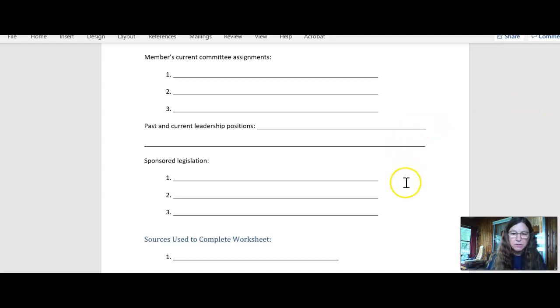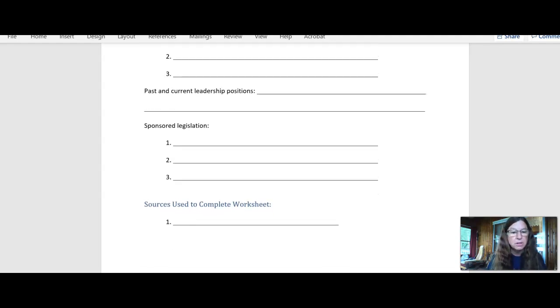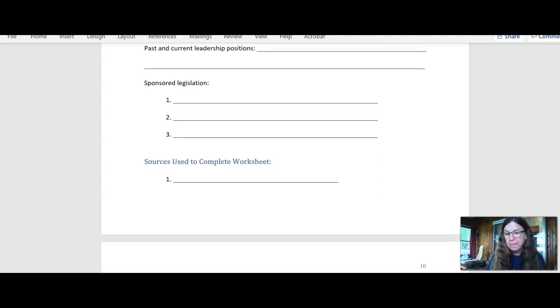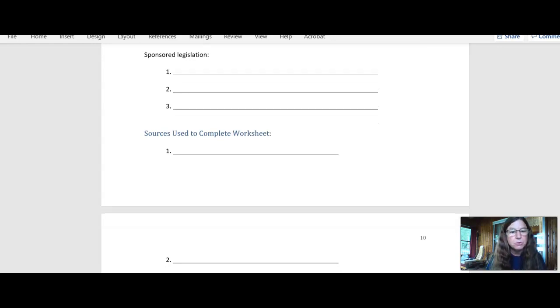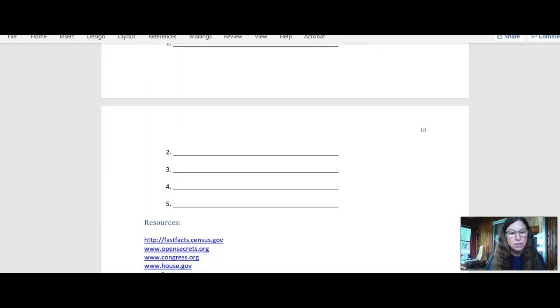Again, things like sponsored legislation, wiki, or house.gov, or her own web pages. But it is likely, where she's been in Congress for so many years, that she has sponsored all kinds of legislation. Now, we're in college, we cite our sources. So make sure you provide the sources used to complete the worksheet.